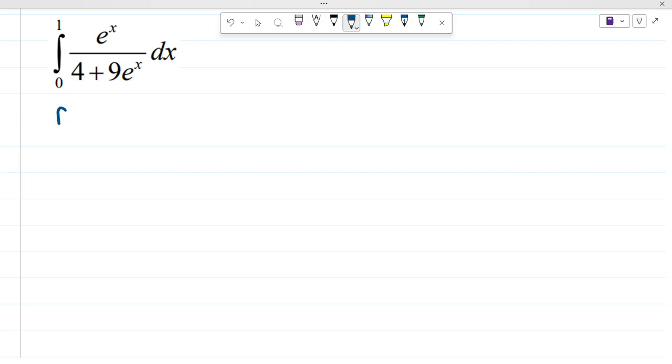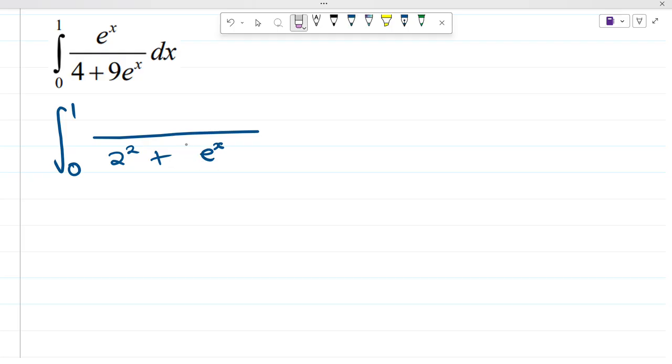So what I'm trying to do here is to rewrite this in a nice format first. I'm going to get 2 squared plus 3e to the power of x. So it's not gonna be tan inverse, guys.